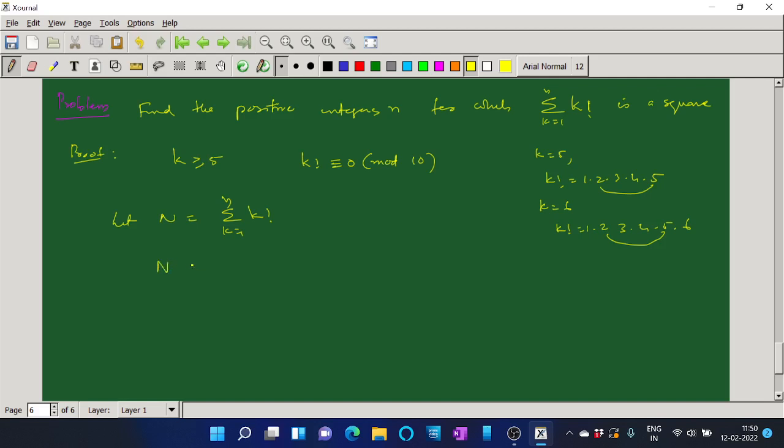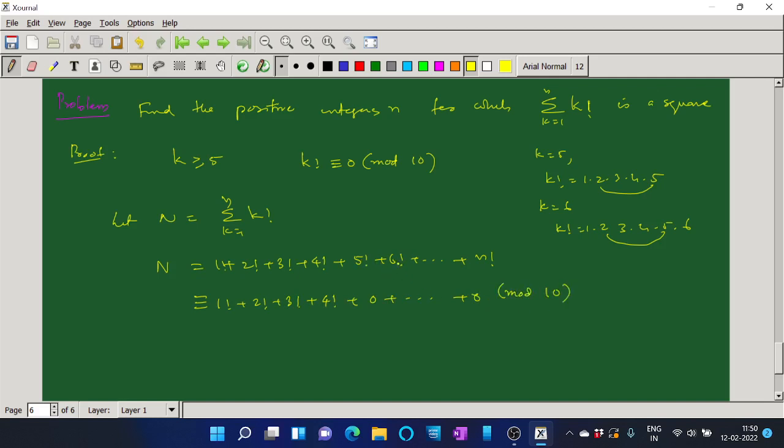Then N is 1 factorial plus 2 factorial plus 3 factorial plus 4 factorial plus 5 factorial plus 6 factorial plus etc. plus n factorial. Now for all k greater than or equal to 5, k factorial is congruent to 0 mod 10. Therefore, it is congruent to 1 factorial plus 2 factorial plus 3 factorial plus 4 factorial plus 0 plus etc. plus 0 mod 10.